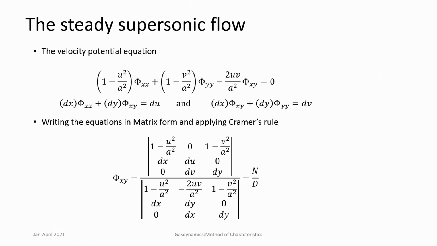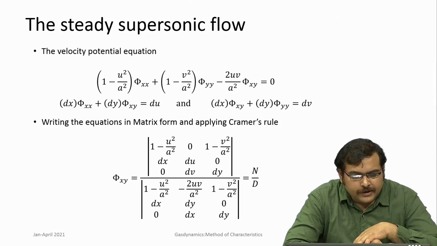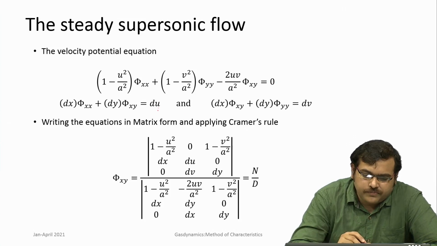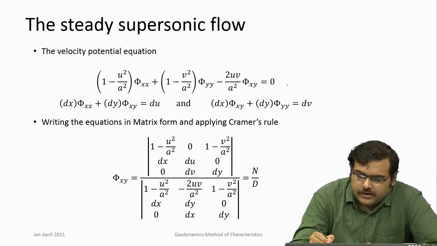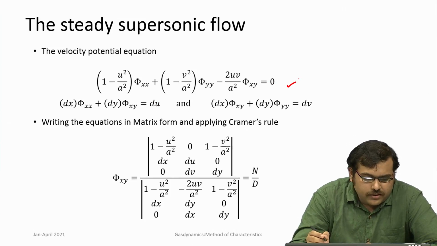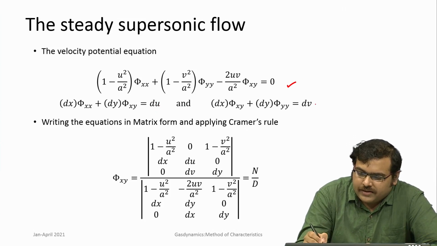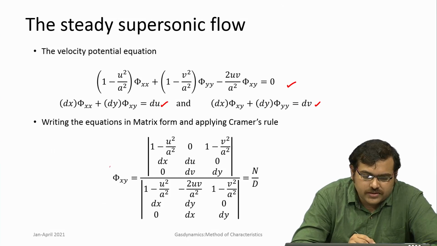Now let us take the specific case of steady supersonic flow. This is the velocity potential equation written here, right, and you can also take what are du and dv. These are the equations for du and dv. They are functions of only x and y.